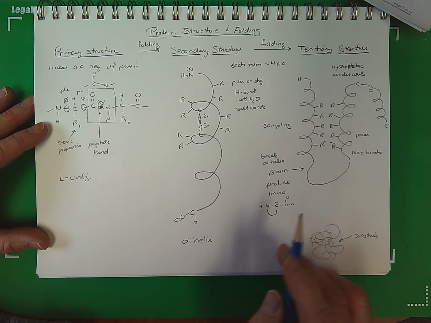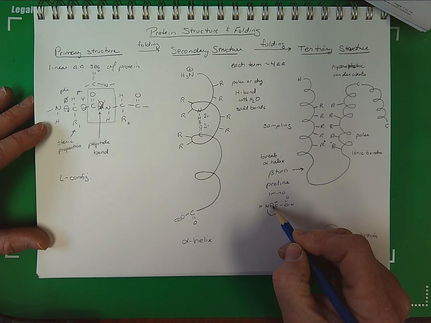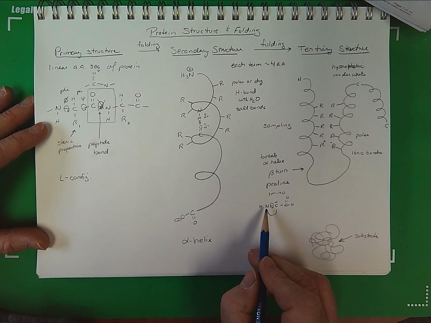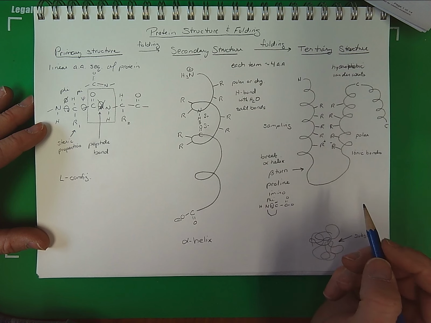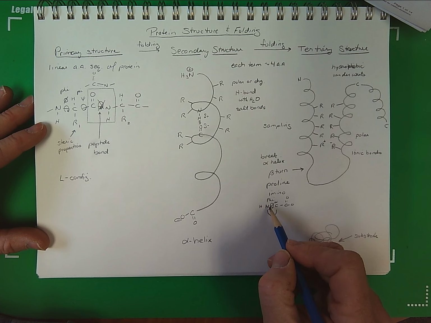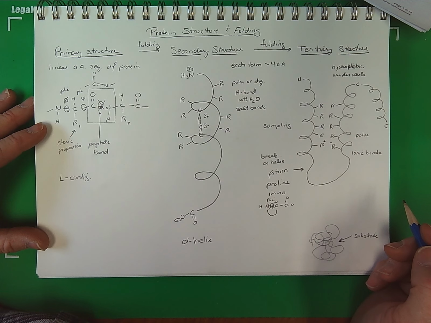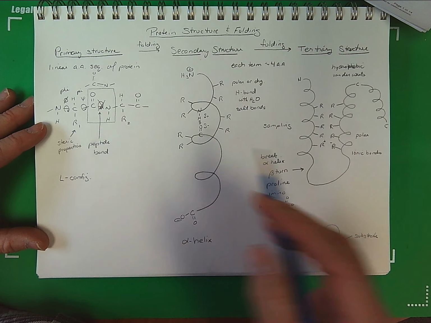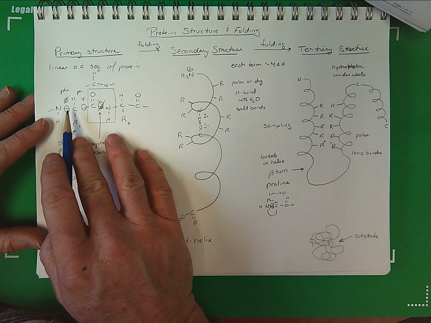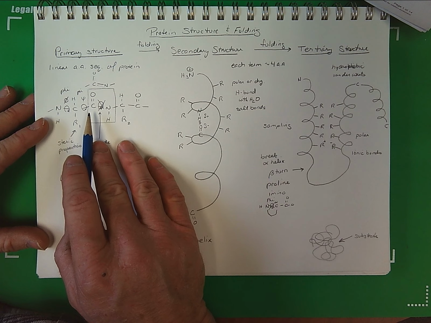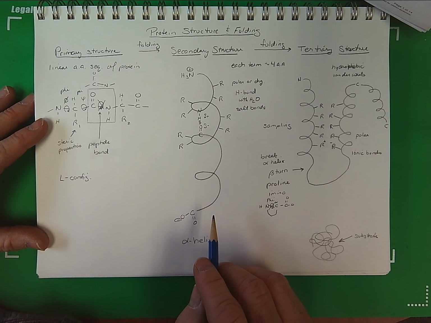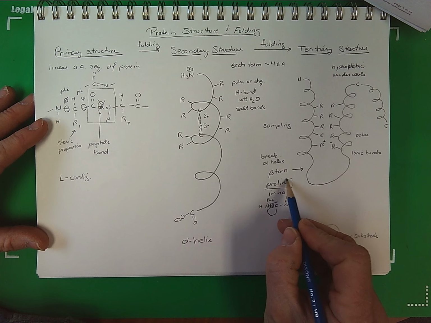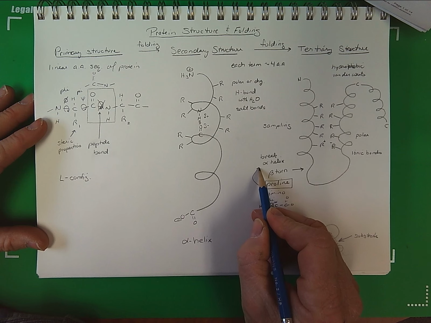So what this simply means is that the rotation that normally would occur between the nitrogen and alpha carbon, which is called your phi angle, cannot occur. Therefore, we disrupt the normal periodicity of turning of the amino acids to form the alpha helix. So proline is considered a helix breaker.